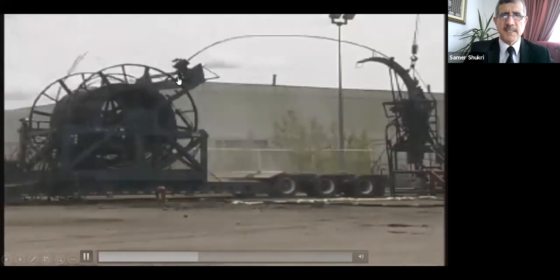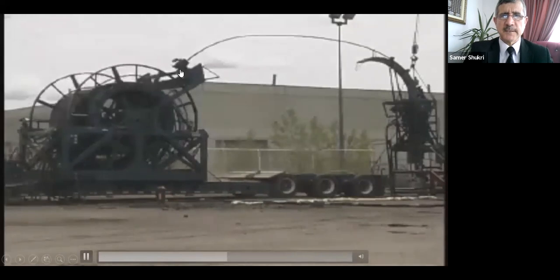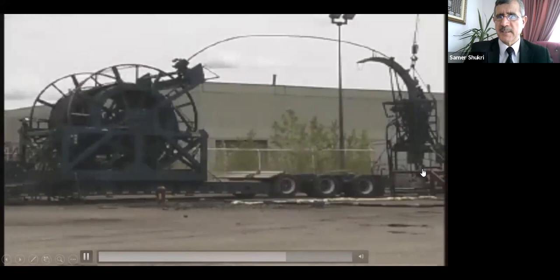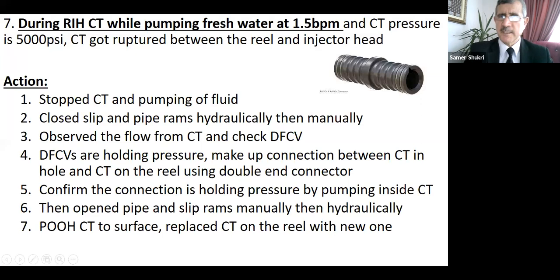In this case, we have to secure the well, close the BOP, slip and pipe rams. After that, we can cut a piece here and make a double end connector. This is the double end connector, you see it.